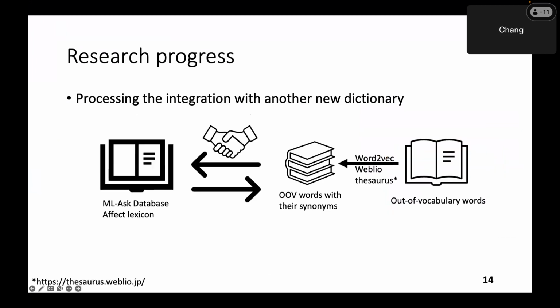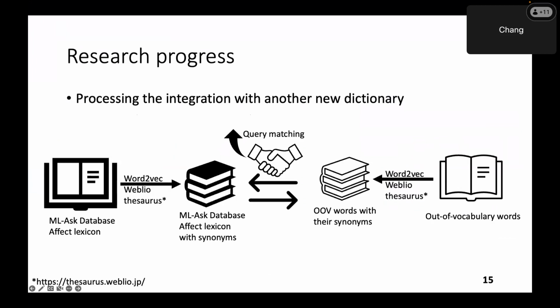Then, for the out-of-vocabulary words, we decided to use a pretrained word2vec model for Japanese and Weblio thesaurus to try to find the synonyms of out-of-vocabulary words. Because if their synonyms already existed in the MLASK database, we could easily classify them into the same emotion categories as their synonyms.